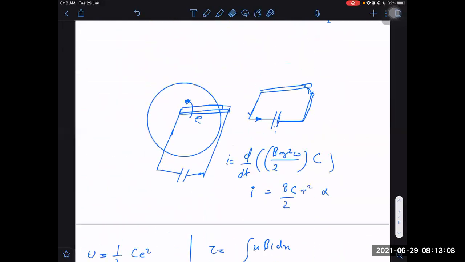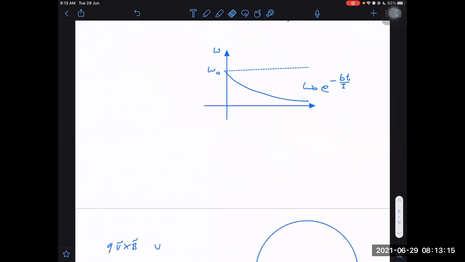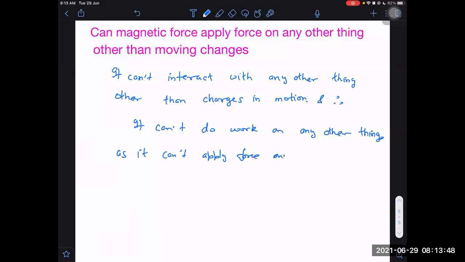Next, it can't interact with any other thing other than the charges in motion, and therefore it can't do work on any other thing, because it cannot apply force on any other thing.